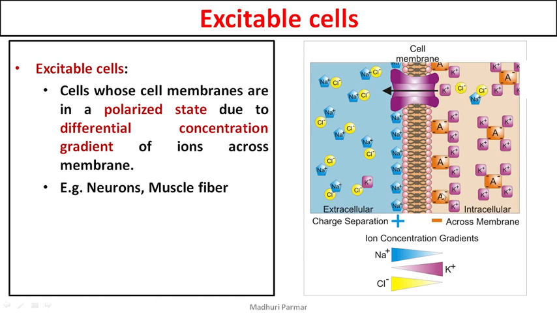Talking about inside the cell, there are a lot of potassium ions present, but along with these potassium ions there are anions, which are negative ions. Because of these anions, inside the membrane you have negative charge. This here is called your charge difference.